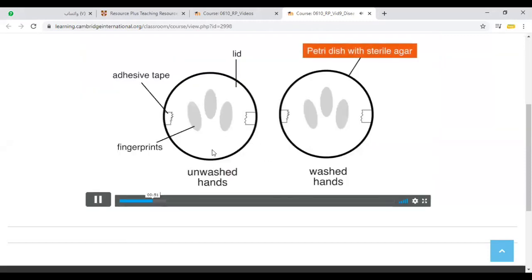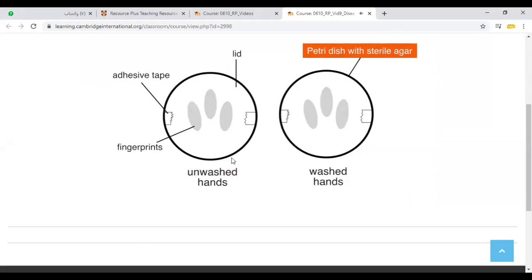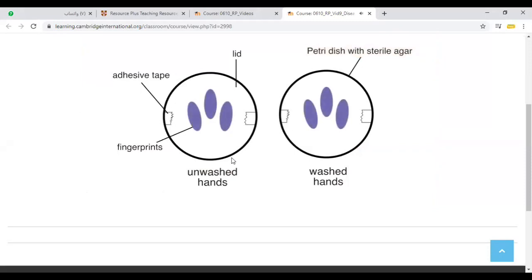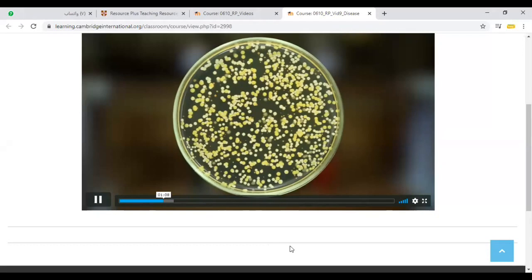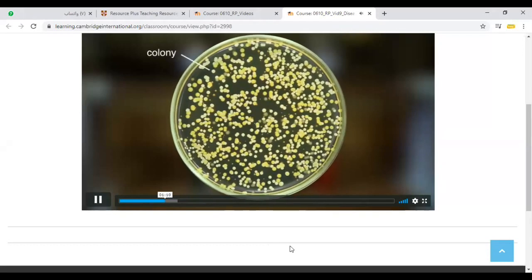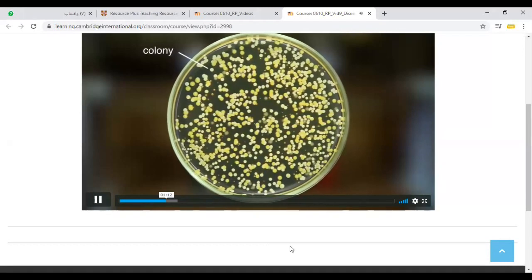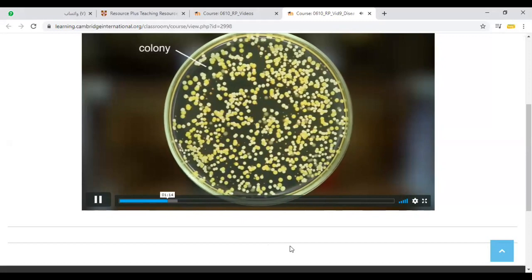Agar is a source of nutrients for bacteria to grow on. It is sterile to avoid contaminating the results. By pressing fingers on the agar, bacteria is transferred and can grow to form colonies. A bacterial colony is a visible cluster of bacteria. Each colony can grow from just a single bacterium.